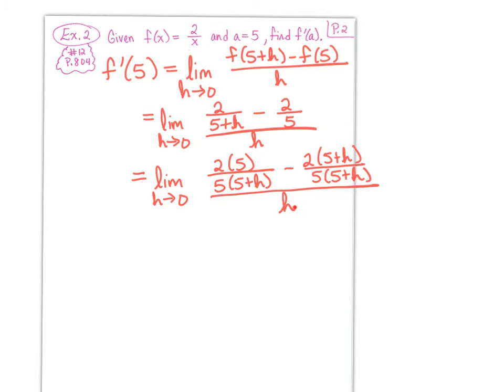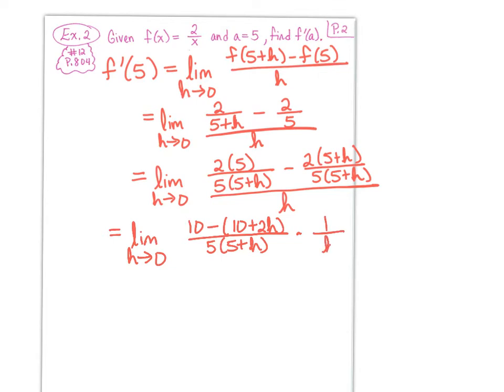Okay. Now, dividing by h is the same thing as multiplying by 1 over h. So this is equal to the limit as h approaches 0 of 2 times 5 is what? 10. Good. So you have 10 minus the quantity 10 plus 2h all over 5 times 5 plus h, all of that times 1 over h.